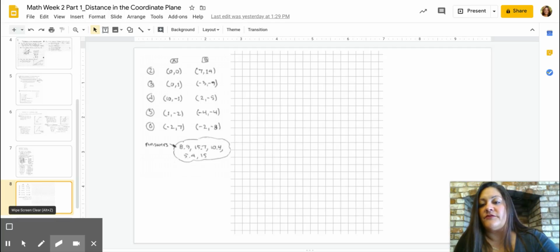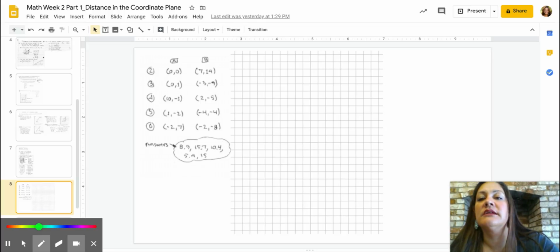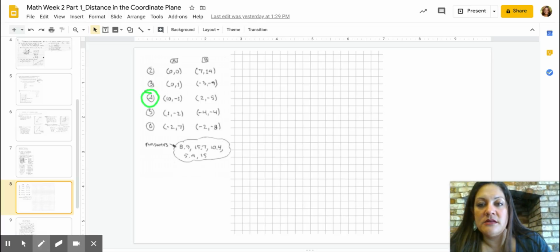Okay, number 4. All right, so I think I can do a graph kind of in the middle. Oh, no, I'm going to go over 10, so we'll do it right here. Kind of crooked, but not too bad.